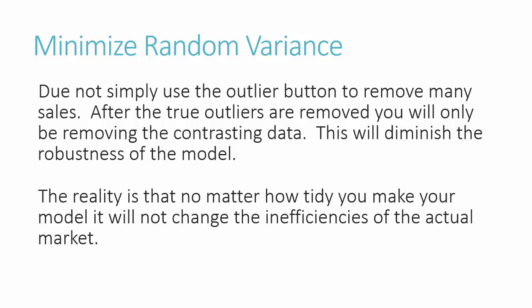Now, this is going to diminish the robustness of the model, so you don't want to do that. Get rid of your outliers, but don't start just deleting sales to get the variance down, because that is going to hurt you as well as help you. Okay, now the reality is that no matter how tidy you make your model, it will not change the inefficiencies of the actual market. So no need to do it.